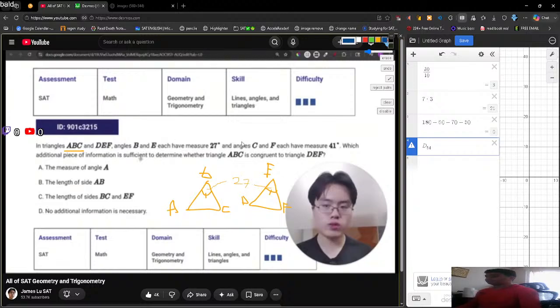Nice. And angle C and F each have a measure of 41 degrees. Angle C and F. 41? Yeah, 41.